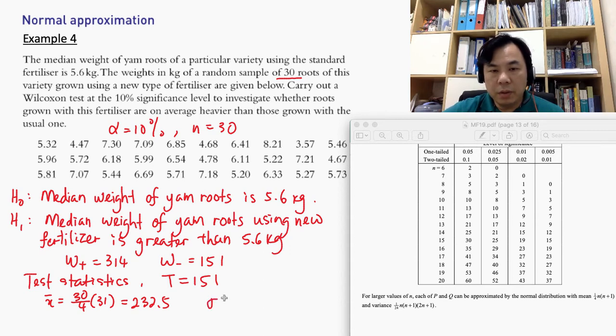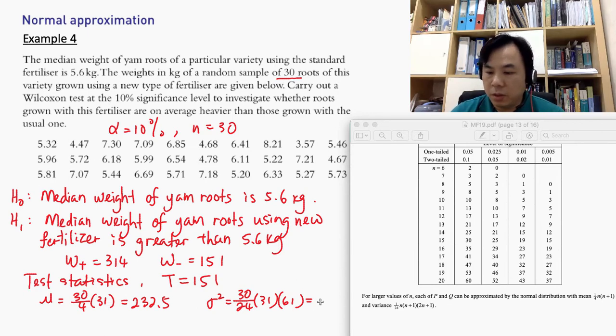And then after that, I need to calculate the variance itself. Oh yes, this is the mean, and I might as well use the standard symbol instead of x bar. The variance is given by 30 times 31 times 61 divided by 24. That would be a very huge number, I think.